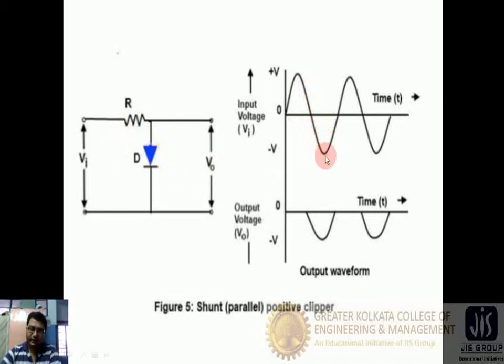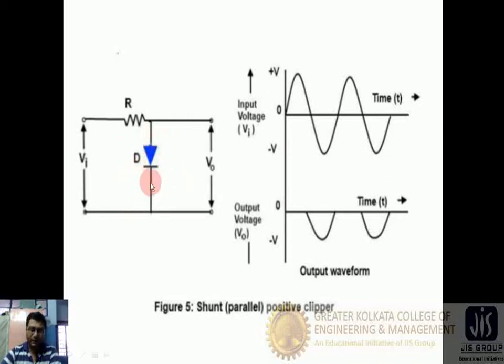In case of the negative peak, the signal across the diode acts as a reverse bias state, and at that time the diode acts as an open circuit.